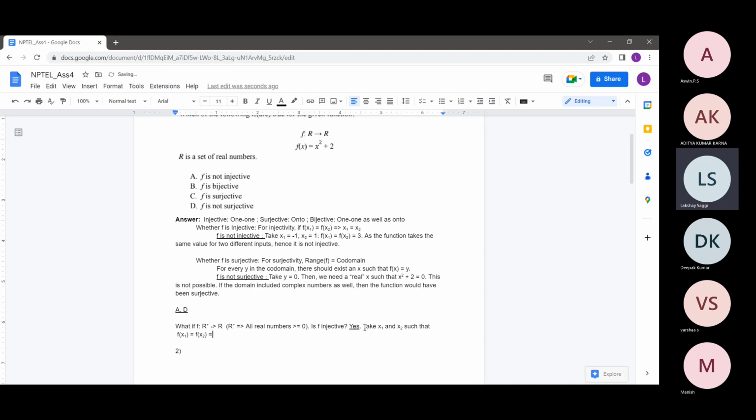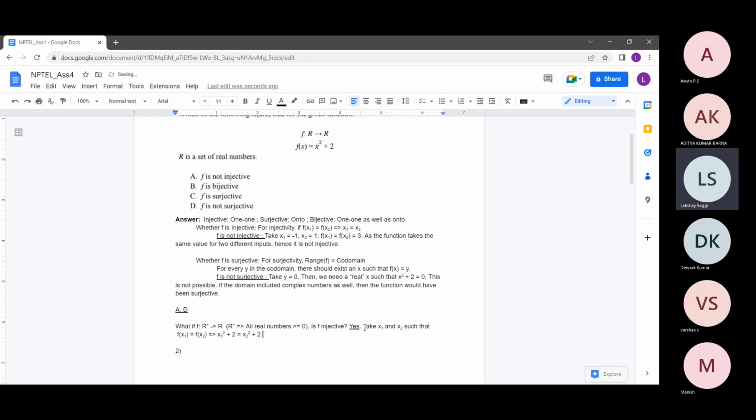This implies that x1 squared plus 2 is equal to x2 squared plus 2. I'll just write it down.